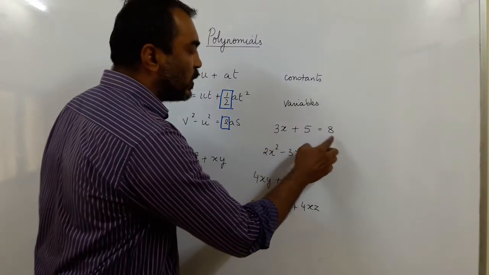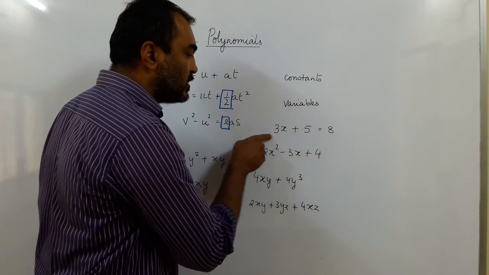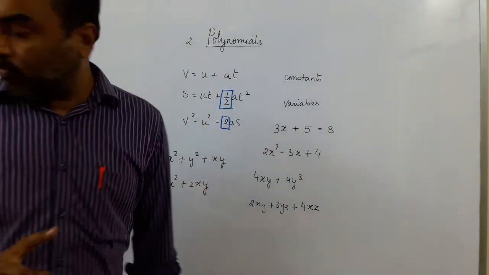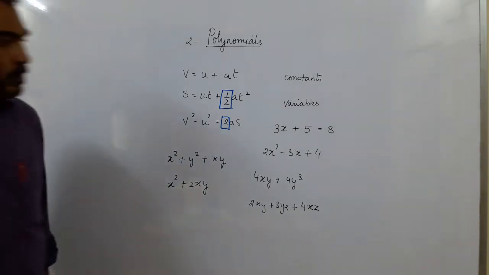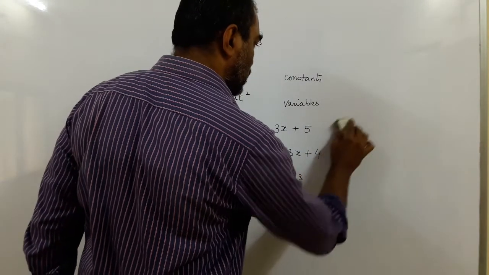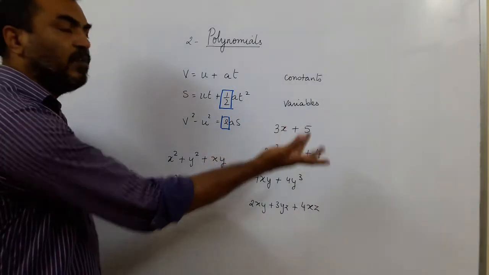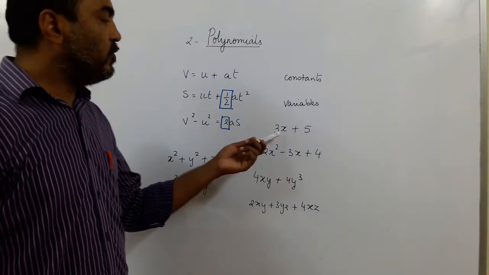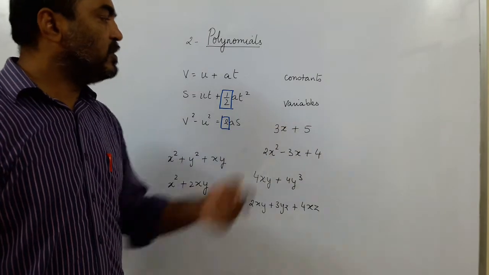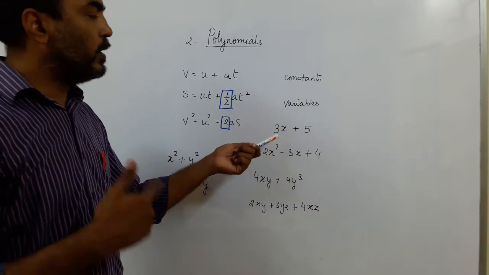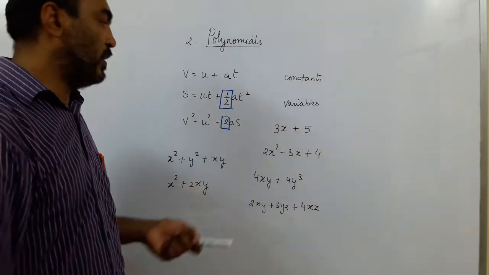Now, what difference can you see here? When 3x plus 5 equals 8, this equation will be true only when x is equal to 1. If I remove this condition, then x can take any value. x is a variable and it will be defined in the sum. If x is a natural number, you can take x equal to 1, 2, 3, 4, 5 up to infinity.